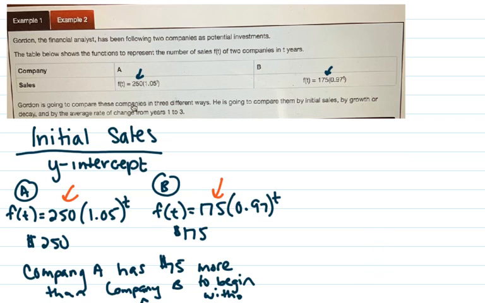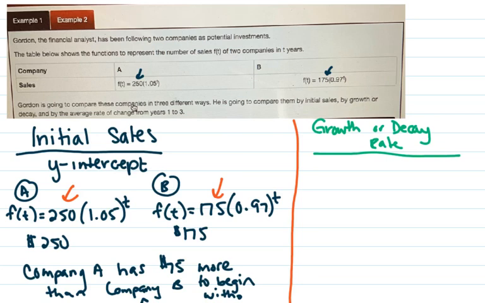All right, so now let's look at comparing these companies by their growth or decay rate. I'm looking at company A, and our R is going to tell us our growth or decay rate.